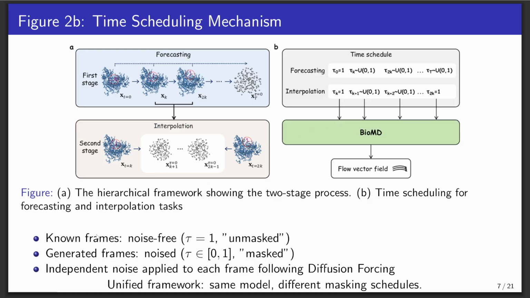So we formulate the known frames as noise-free frames, which are assigned tau equals 1, or unmasked. Then we generate frames from noise, where tau belongs to 0 to 1, which is masked. Independent noise is applied to each frame following the diffusion forcing framework.